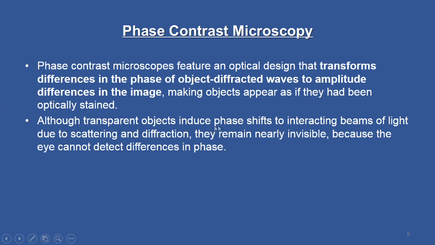Although the transparent objects induce phase shifts to interacting beams of light due to the scattering and diffraction, they remain nearly invisible because the eye cannot detect the difference in the phase. So, this is a unique feature, that is why it is finding very extensive application in transparent objects, which induce very small phase shifts, and we will see how it can be manipulated.